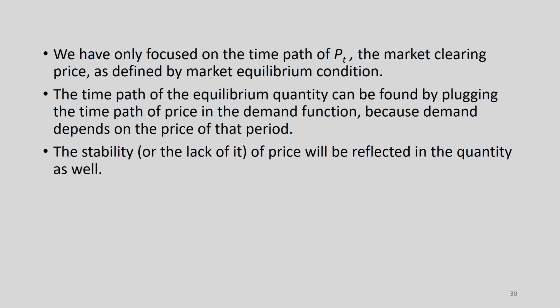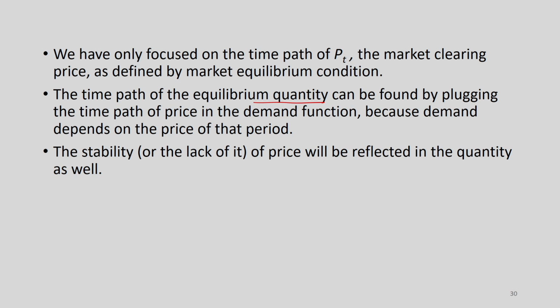Now, so far we have only focused on the time path of PT, the market clearing price as defined by the market equilibrium condition. The time path of equilibrium quantity, we have not talked about, right. But as we know, in any sort of market equilibrium, there are two sides to it.